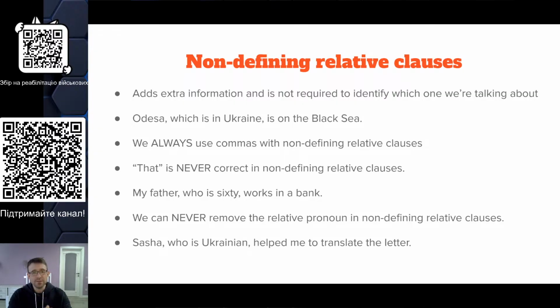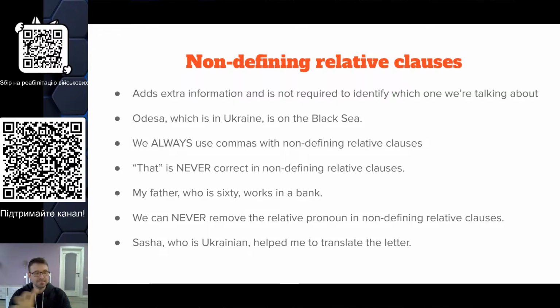Now, with non-defining relative clauses, when we give this extra information, we always use commas with these non-defining relative clauses. And as you can see in the sentence example which I gave you, we have "Odessa, comma, which is in Ukraine, comma, is on the Black Sea."